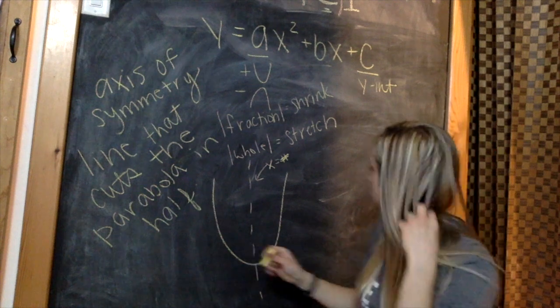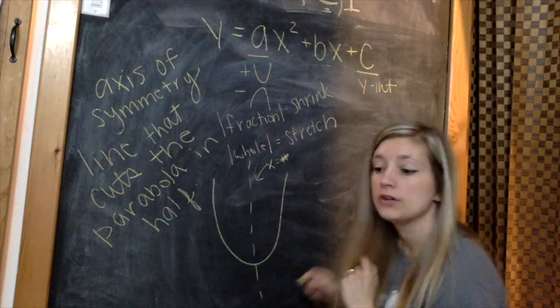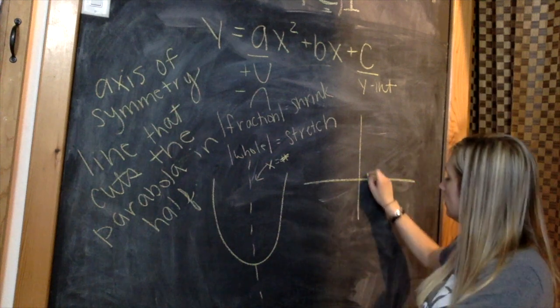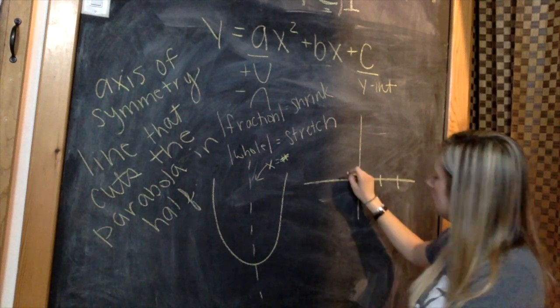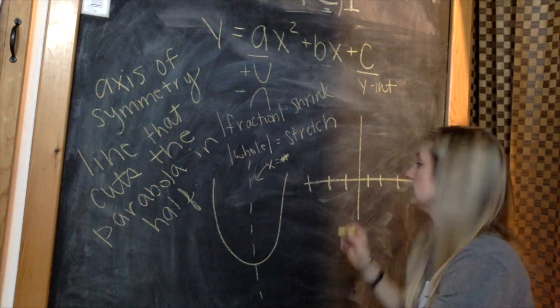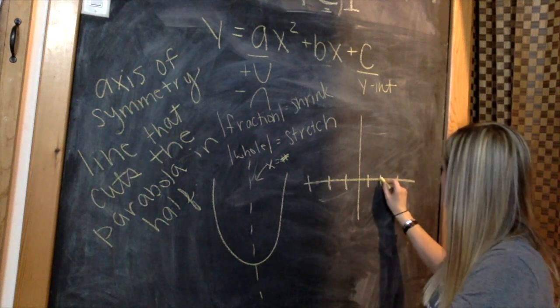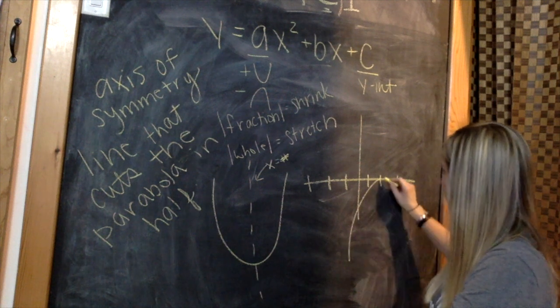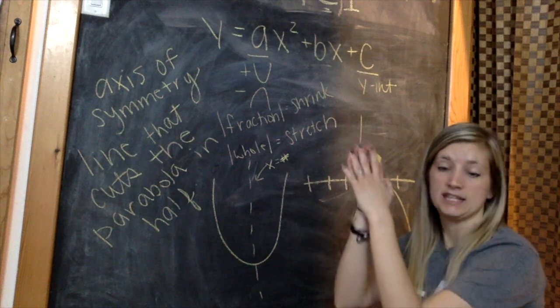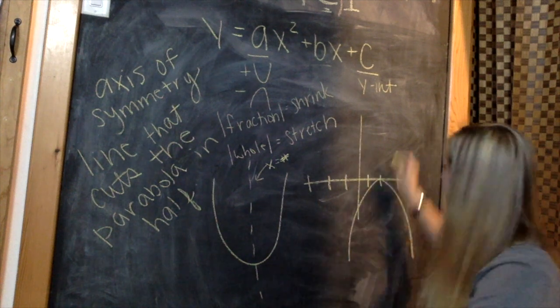So for instance, I'm going to have to go get an eraser in a second, but if I have this, 1, 2, 3, -1, -2, -3, and let's say my parabola is right here. Your axis of symmetry is the line that folds it in half. So you have to find that line.